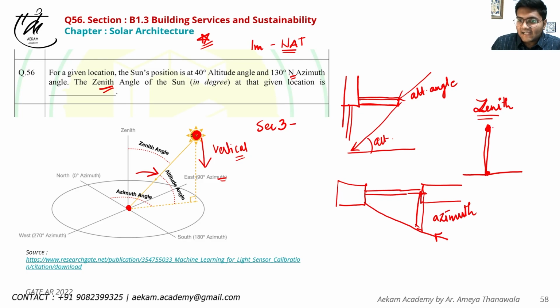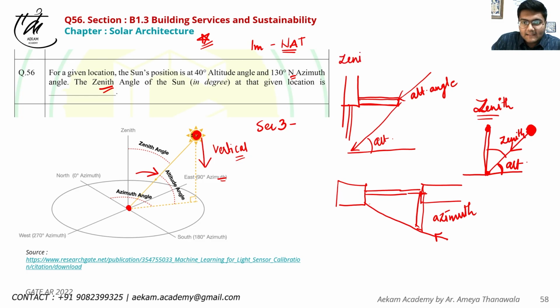So zenith angle of the sun would be if this is the sun's location, say, right? This is the sun ray that is falling. So this is your altitude angle, and the angle between your incident ray and the zenith point or the vertical normal connecting the user frame to the zenith point is your zenith angle.